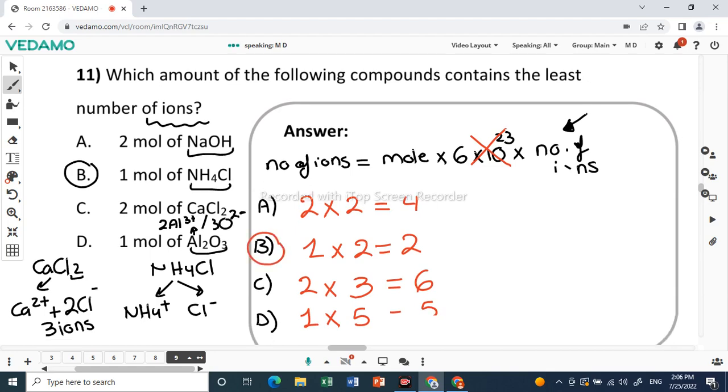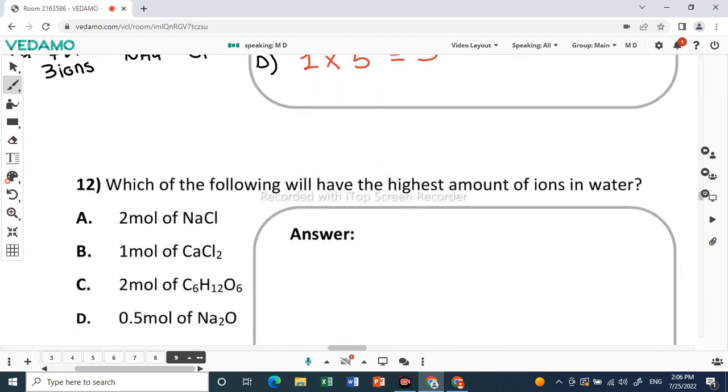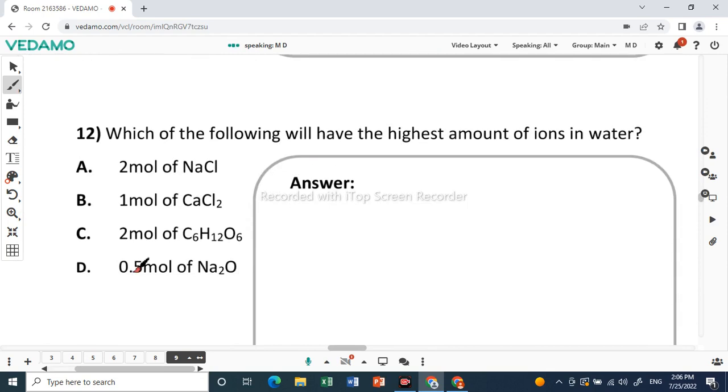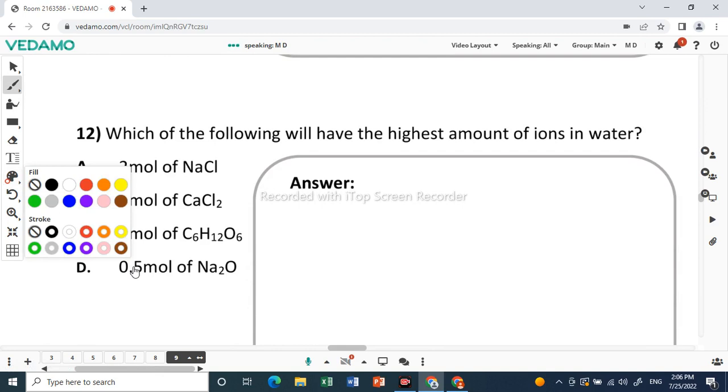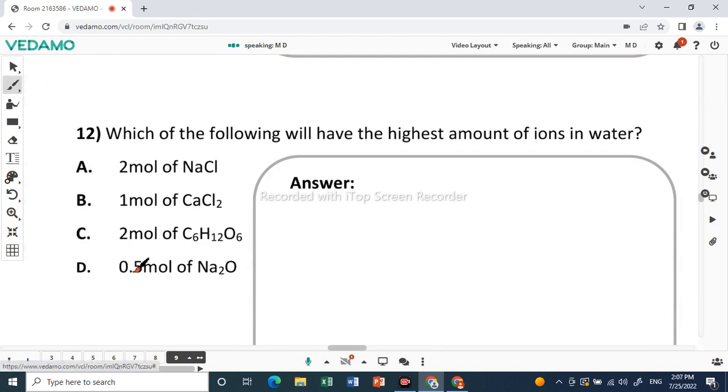I'm going now to give you the last question, which is also related to ions presented inside water, to make sure that this idea is understood. Which of the following will have the highest amount of ions when you dissolve it in water? So, for the number of ions, I'm going to apply it in the simpler way.